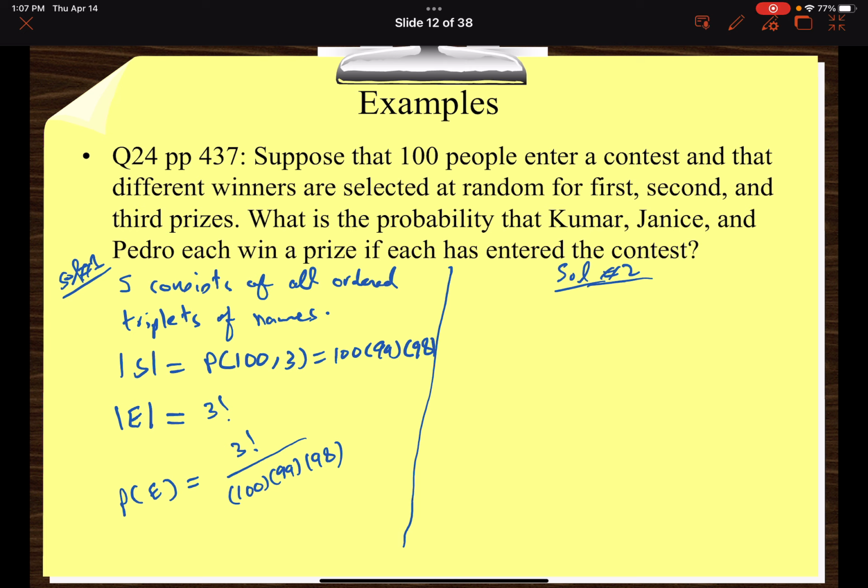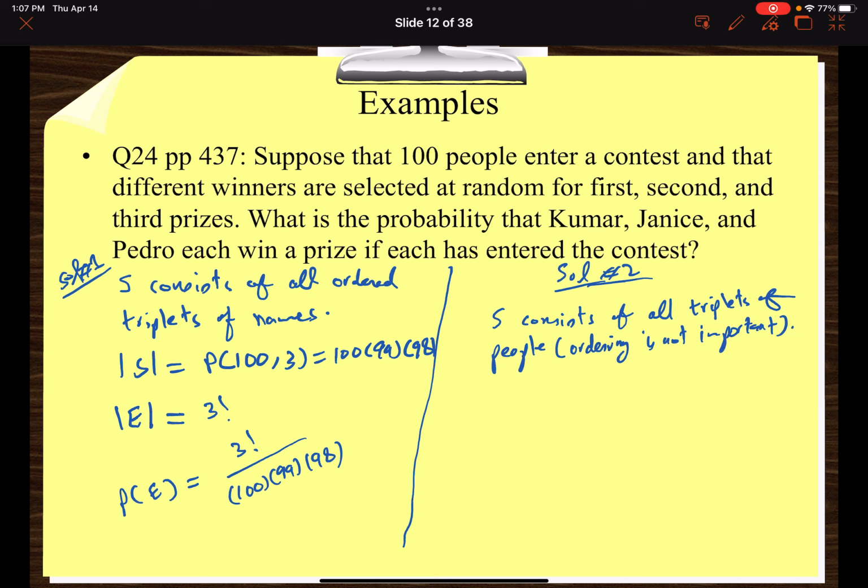Okay. So in solution number 2, what we're going to say is S consists of all triplets of people. So here ordering is ايش? Ordering is not important.